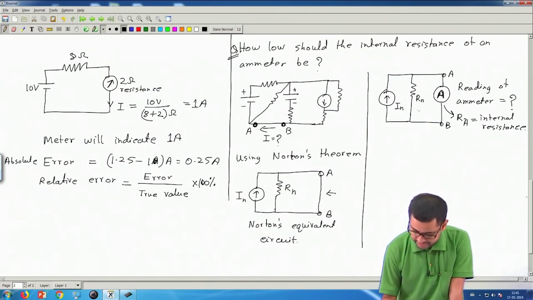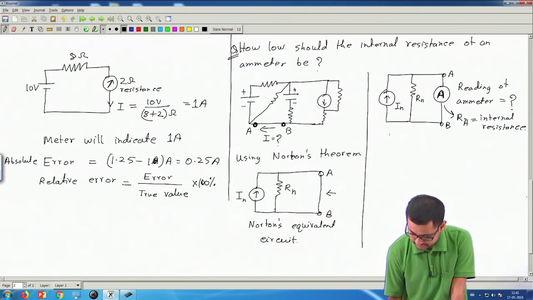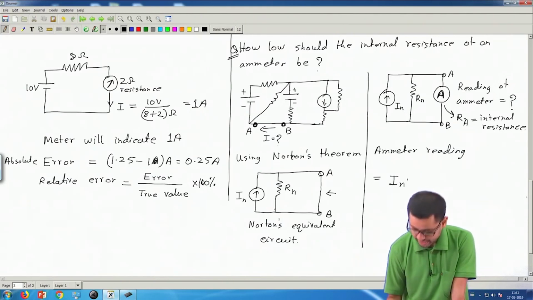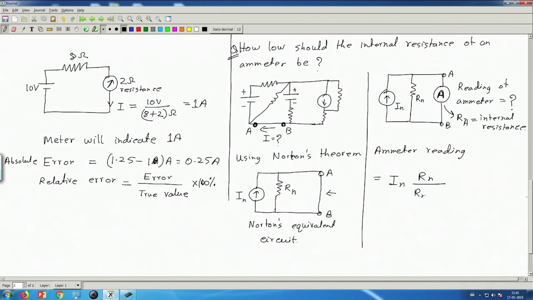Then the current that will flow through this ammeter, that will be the ammeter reading, will be given by this I n, and then we can apply the current divider rule, multiplied by R n divided by R n plus R A, where R n is the Norton's resistance or Thevenin resistance, both are the same, of the circuit.